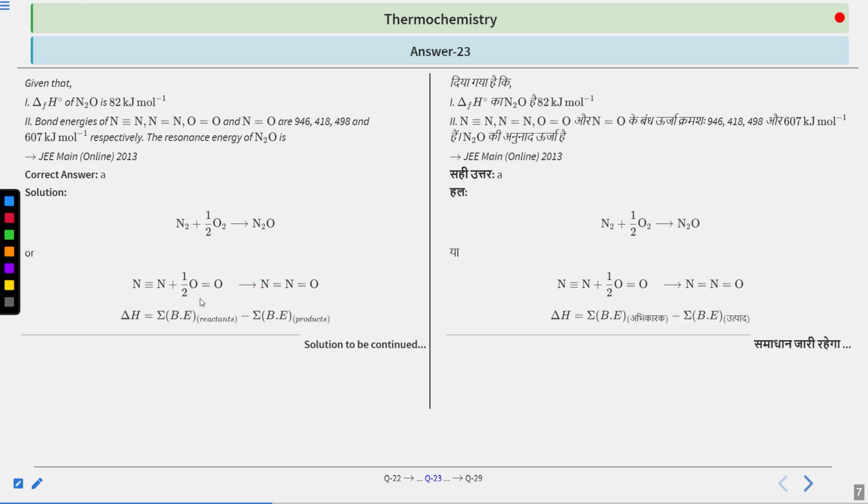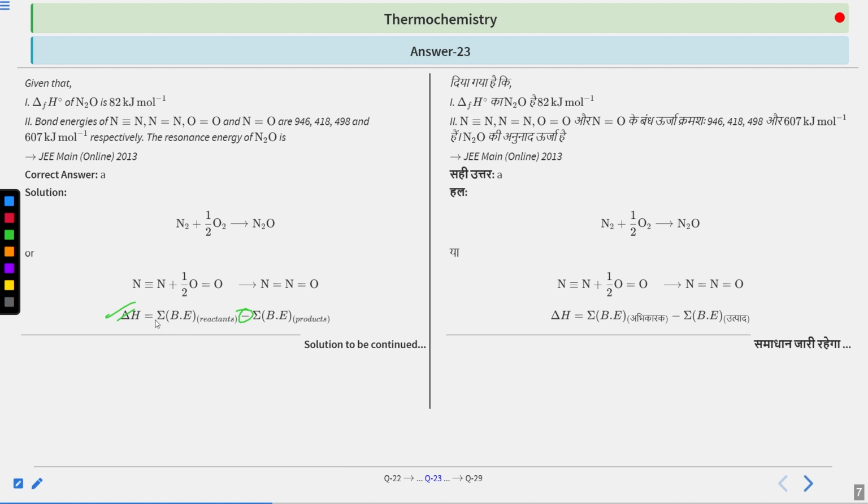Now we know the formula for delta H is in terms of reactant minus products and not product minus reactant, because reactant bonds have been broken and the energy that is given is already for breaking, and the product bonds have been formed and the energies that are given are for the breaking of the bond. Therefore we take the negative sign against it. Clear?